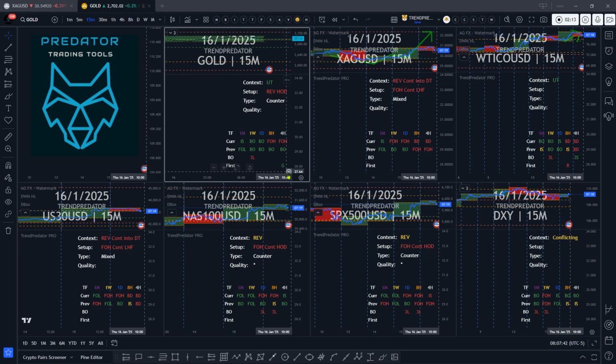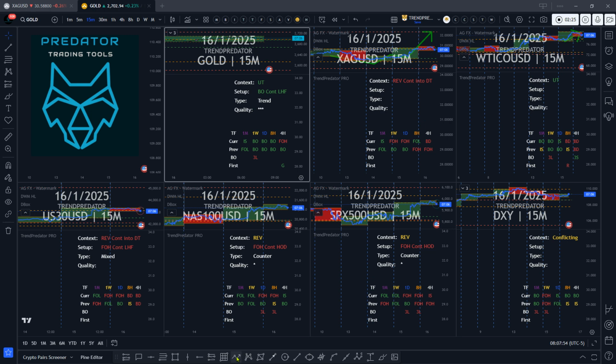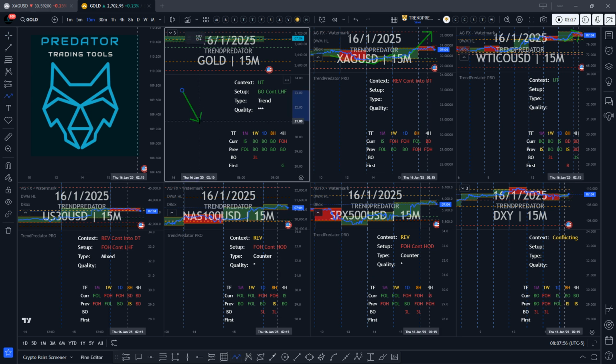Looking at gold, we can see that we are in an uptrend on the monthly, the weekly, and daily chart. The monthly chart had a scenario where the price dropped, let's say in the month of October, put in a low, ranged, and then November dropped below the October low, but moved back above it.